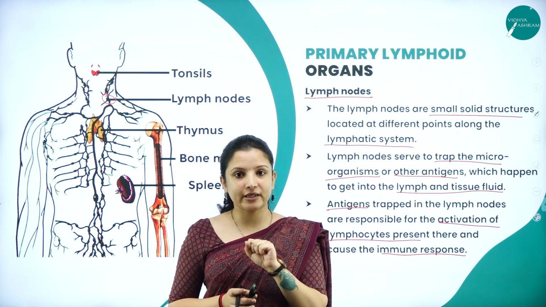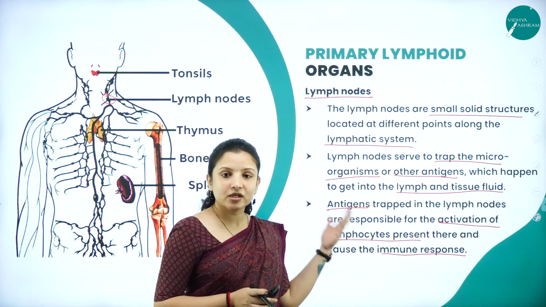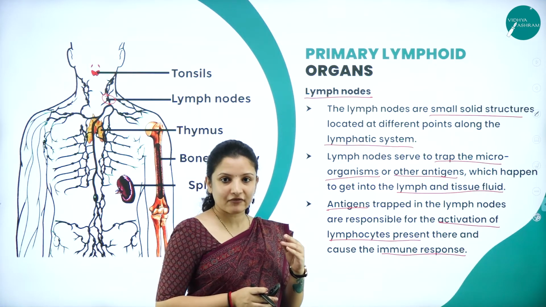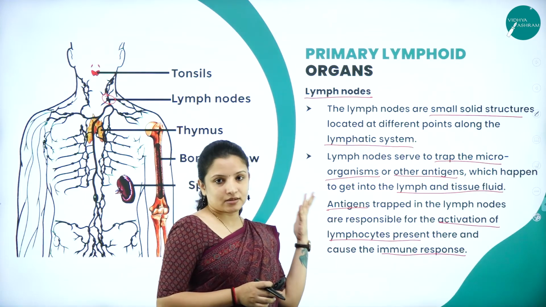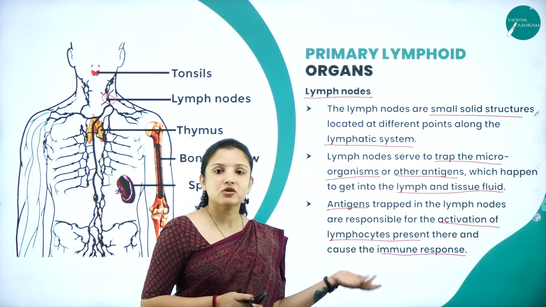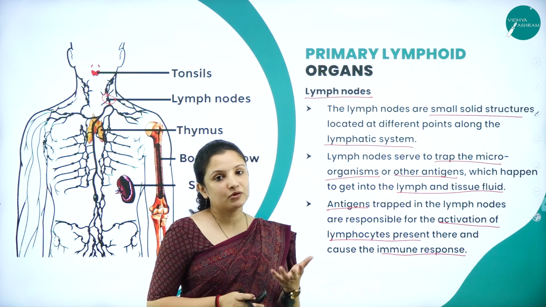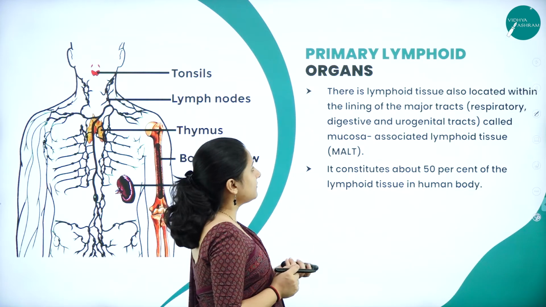It will trap the influenza virus, and there it will start triggering the body to produce the immune cells for that particular influenza virus. So that is how it works. Therefore, if lymph node swelling occurs, most of the time it means that the body is trying to trigger the immune cells. So that is the function of the lymph nodes.